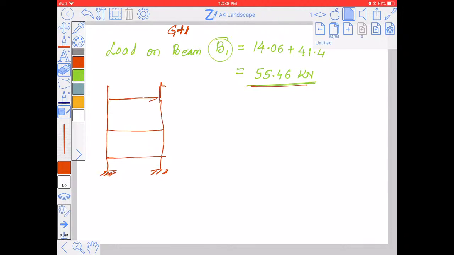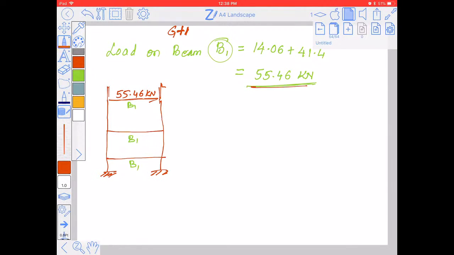So here I will consider this 55.46 kilonewton load on B1. This is B1. At every level it is named B1 itself. So this carries 55.46.